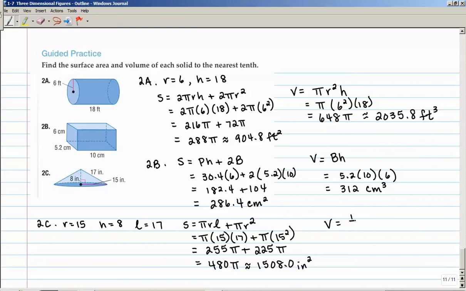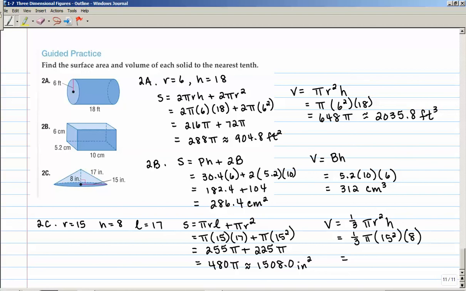Volume of a cone is 1/3 pi r squared h. Plugging those in, 1/3 times pi times 15 squared times my height, which is 8. Now here's a little hint when you're using 1/3. Don't use just 0.3. 0.3 is 3/10.